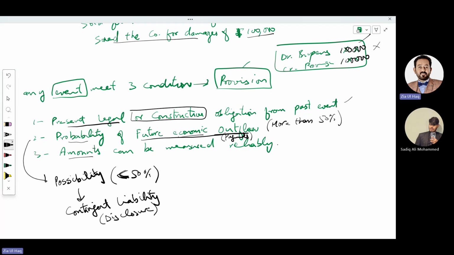A liability provision should be recorded when any event meets these three conditions: present legal obligation from past event, probability of future economic outflow, and amounts can be measured reliably. If any one of the conditions is not fulfilled, no provision should be there. And if instead of probability, there is a possibility, meaning chances are less than 50% that the company needs to pay damages, in that case, it should be disclosed as a contingent liability.